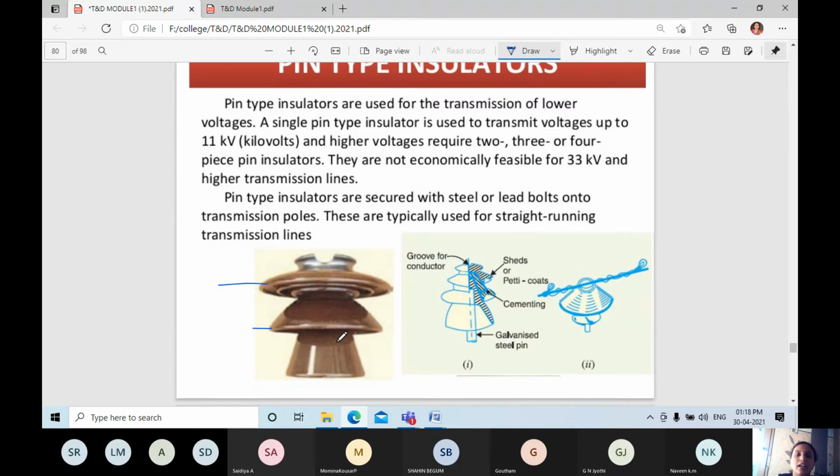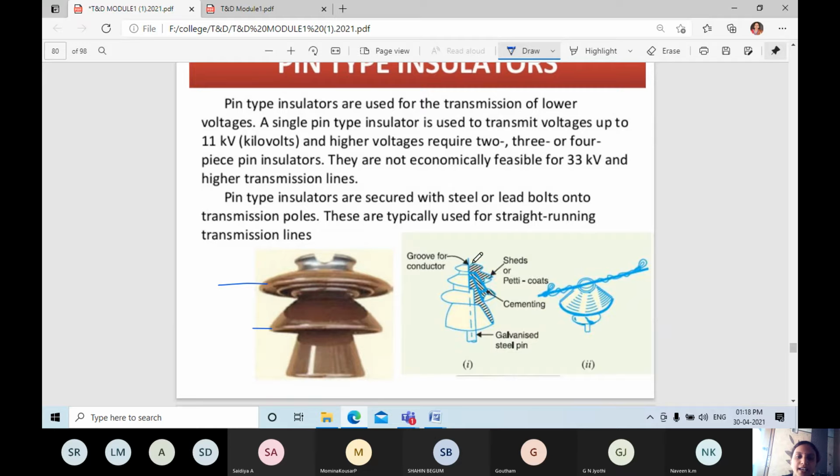They are not economically feasible for 33 kV and higher transmission lines. If we keep increasing the voltage level they are not economical, so they are used up to 11 kV or 33 kV, below 33 kV. Pin type insulators are secured with steel or lead bolts. On the upper part you can see the groove for the conductor.